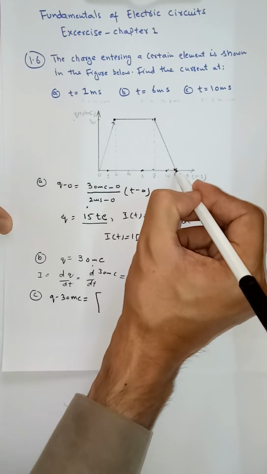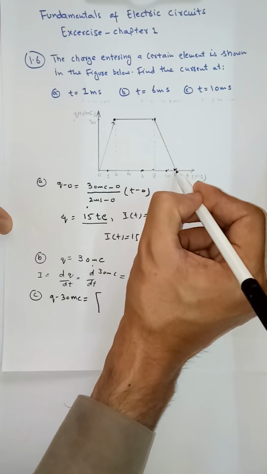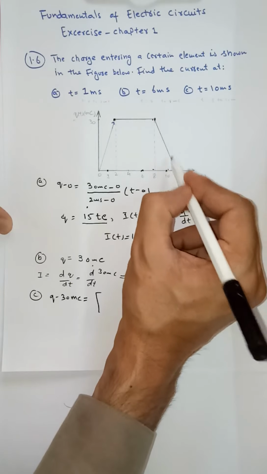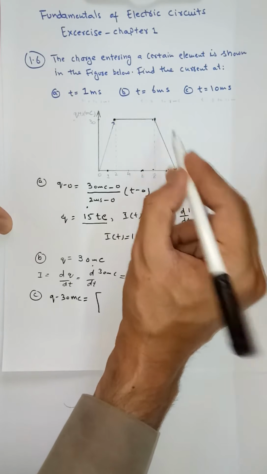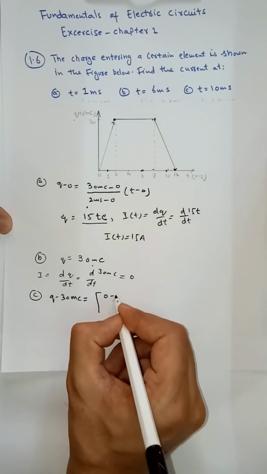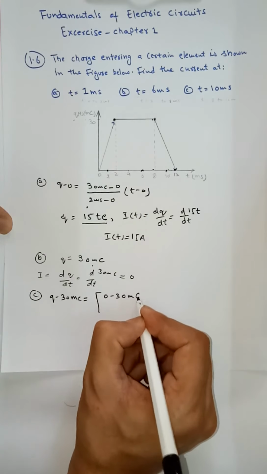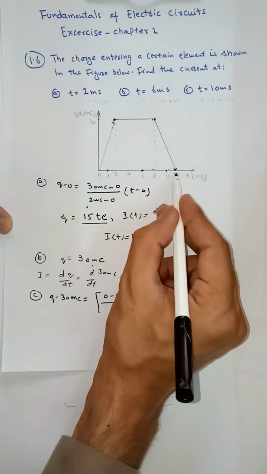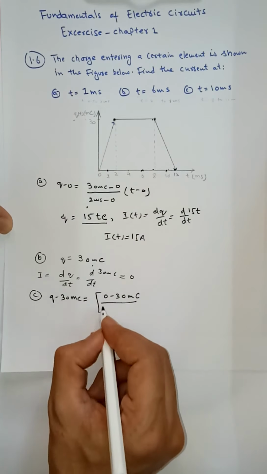Now this is x2 minus x1 and y2 minus y1, as you know. So from this point to this point, we have 0 minus 30 millicoulomb over 12 minus 8.